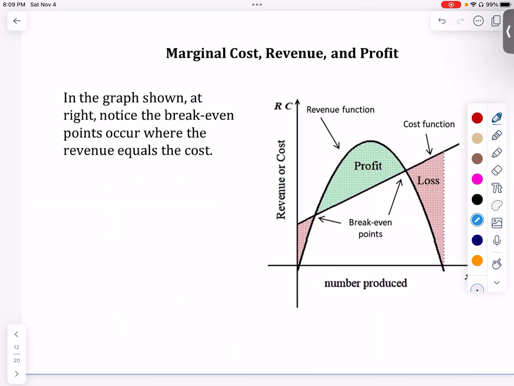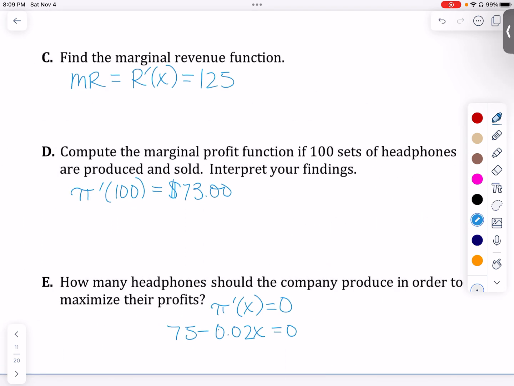When I set this equal to zero and solve, I get x equals 3750, which tells me profit is maximized where pi prime of x equals 0. So the company should produce 3,750 sets of headphones. That's how they're going to maximize their profit.